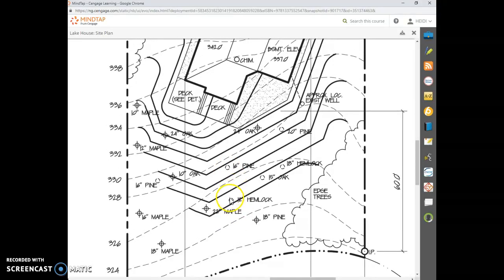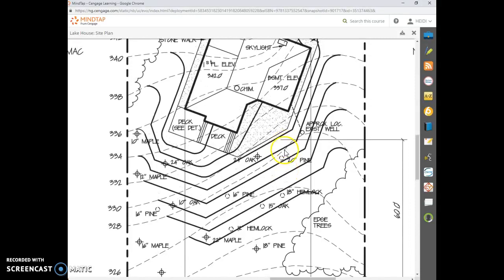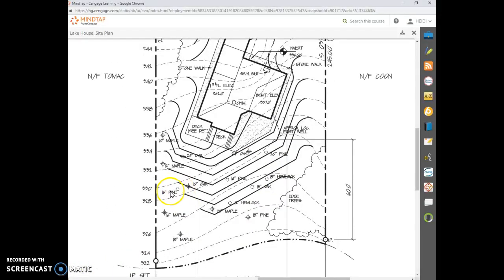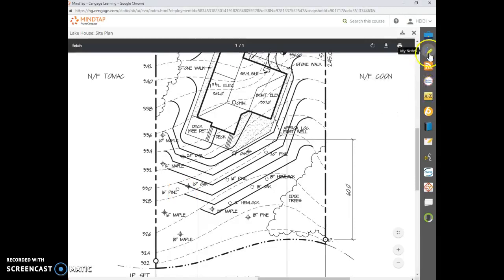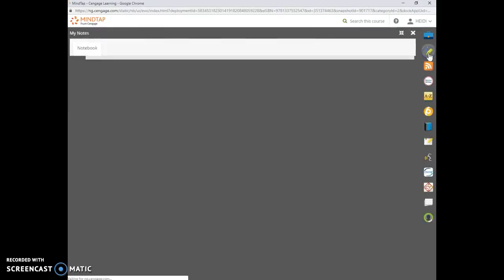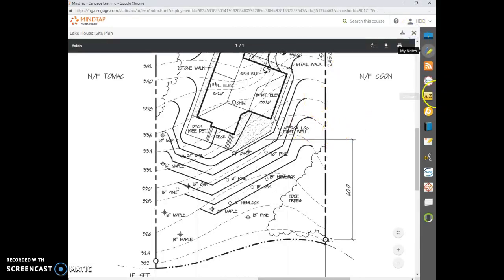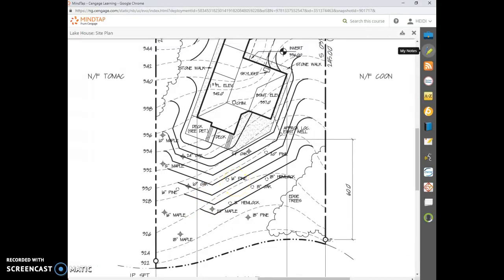There's 1, 2, 3, 4, 5, and then we'll see if there's any more, and 6. You might want to highlight on your drawing because it is a little tricky. I thought there was a highlighting tool inside of here, but I'm sorry, I lied. Go ahead and print it out and then highlight it as a print drawing. Otherwise, you might miss something.